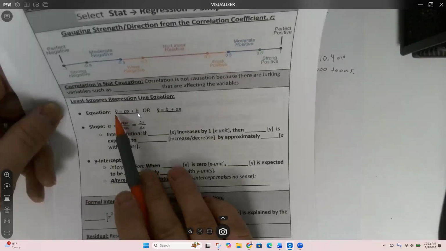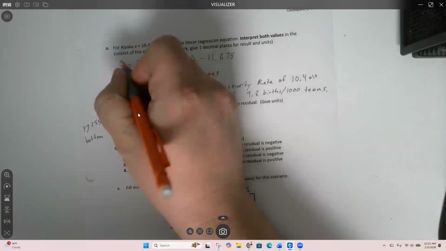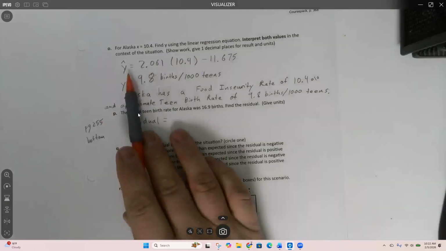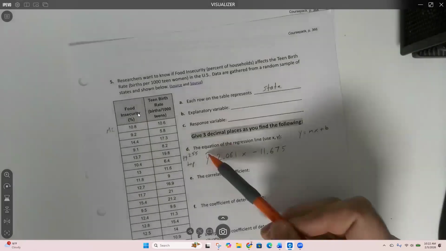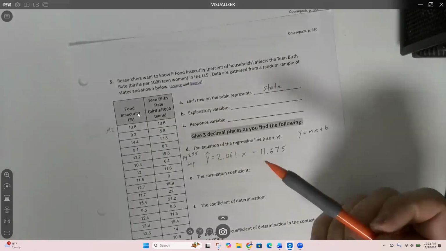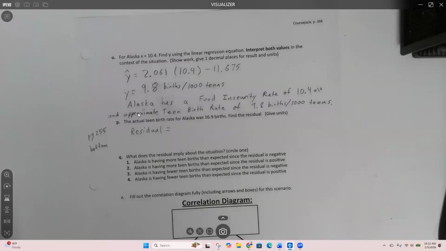So you'll notice that this equation right here, Y hat equals AX plus B, they put a little caret, a little hat on the Y. We didn't do that earlier, but we could have. I'm gonna drop the Y hat sometimes. But why do we put a hat on it? Just to make it fancy? The reason we put that on there is to remind us that that is not the actual Y value. It's a prediction. It's what the line is saying that the number should be, or what it's going to be close to.